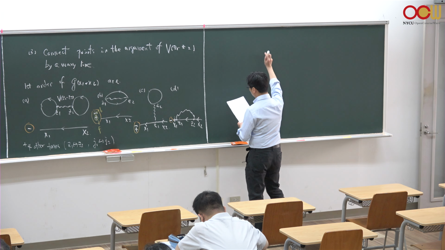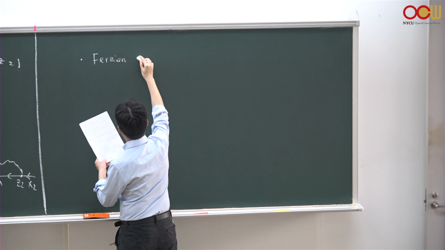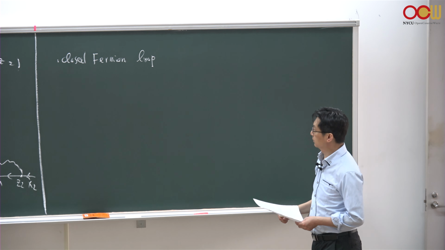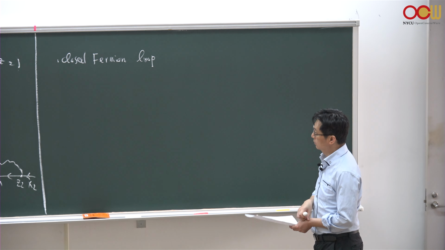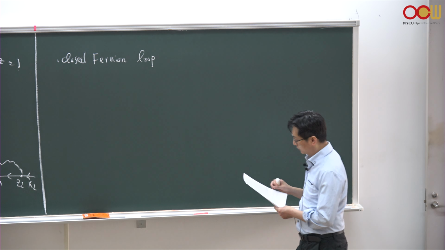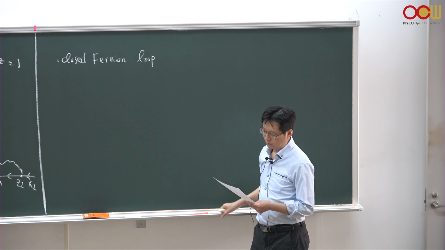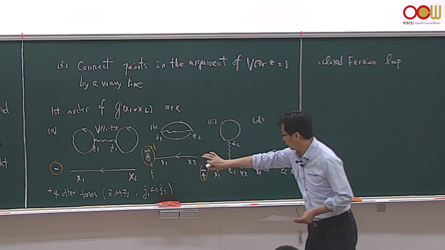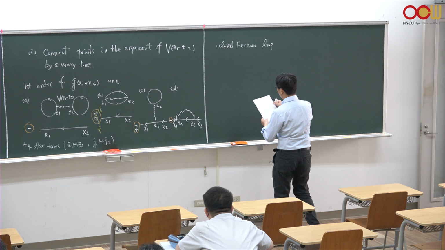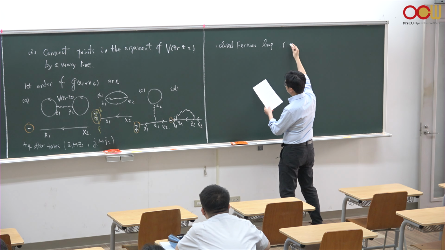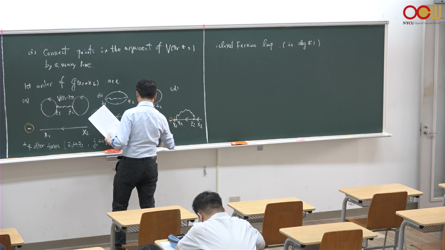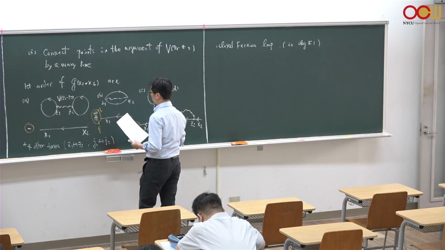In particular, for fermion operators, if you can form a closed loop of fermion propagators or fermion solid lines, remember that gives a factor of -1 in front of this coefficient. So we will come back to this in just a moment. For example, in diagram C here, we have a fermion loop.